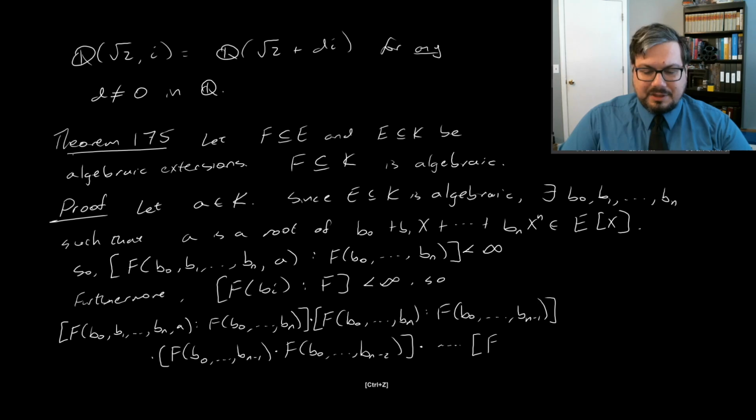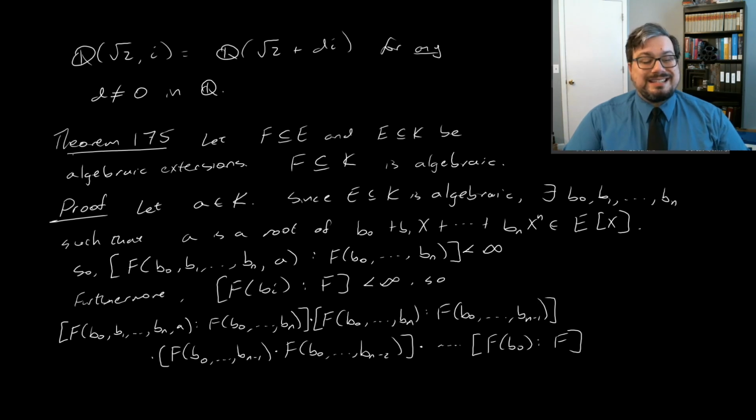And so we end with F(B0) over F. And the point is that all of these are finite.